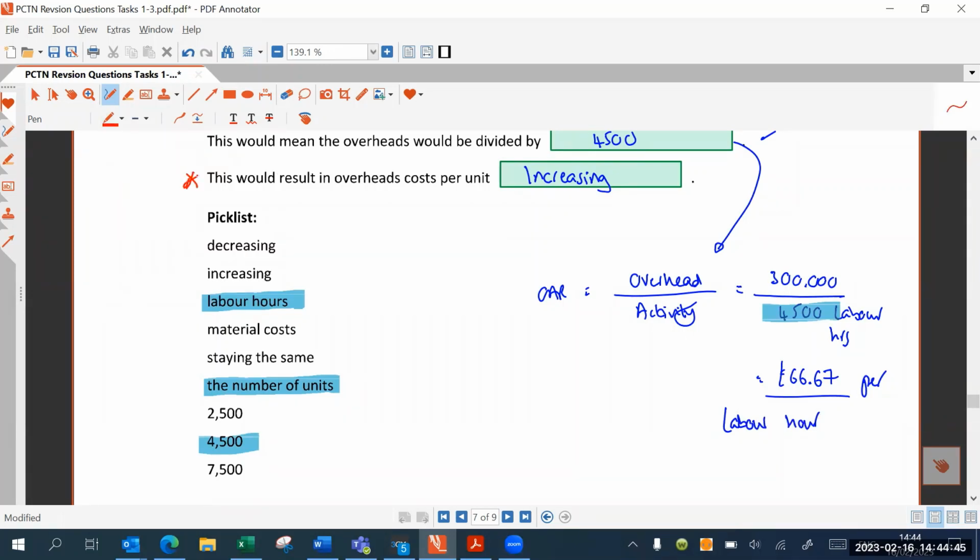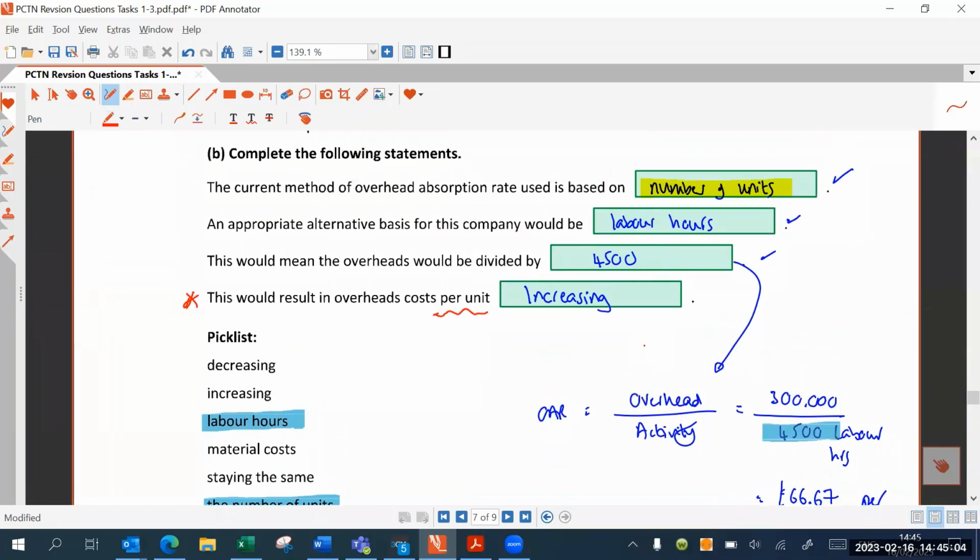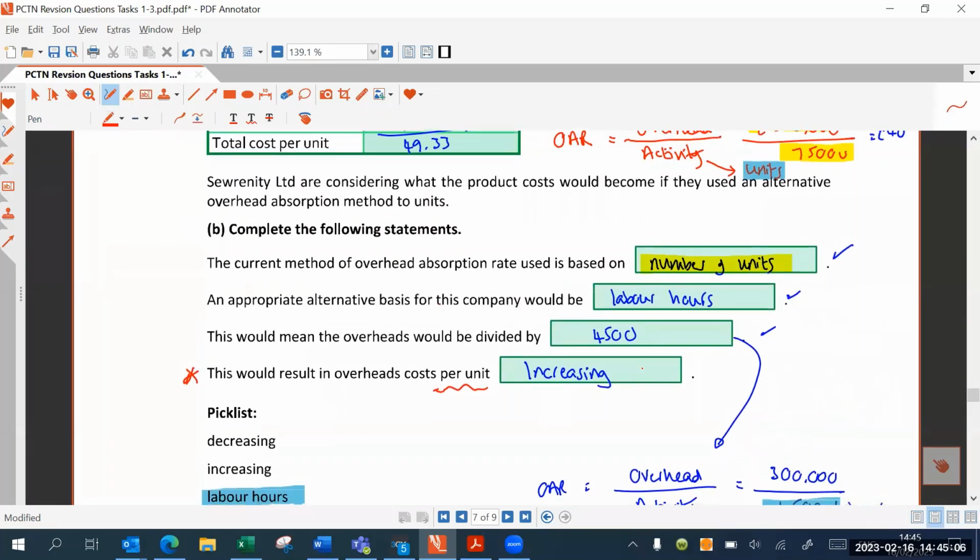Because the question said this would result in the overhead cost per unit increasing. So when it means per unit, it means per unit of the single product, not per unit of measurement. And there's a very similar question to this in the AAT assessment, which is how I've picked the error up. So when it talks about a unit, it means a unit of product.